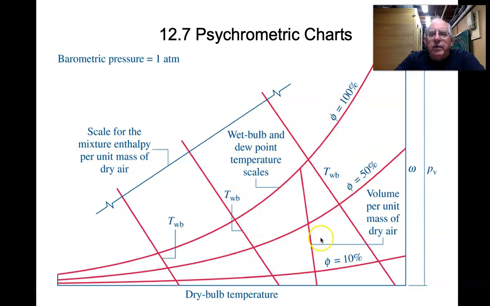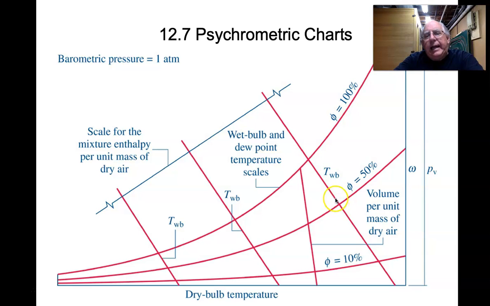Say we were at a point here where we had a relative humidity of 50% at a given dry bulb temperature. Again, the process was that adiabatic saturation process. I add moisture to the air mixture as I cause the relative humidity to go up to a higher value, eventually going to 100%.